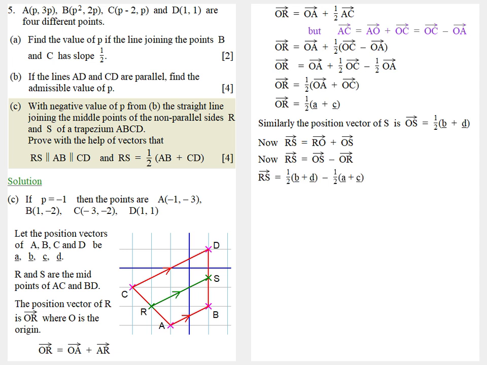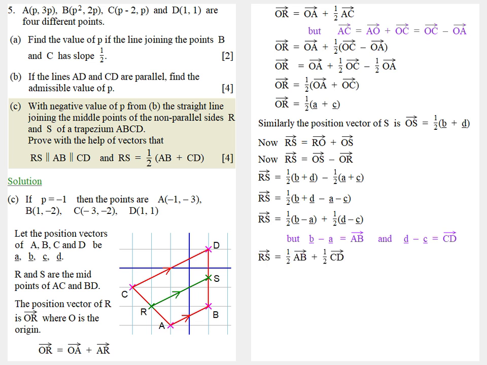So RS is a half (b plus d) minus a half (a plus c). Putting that into a common bracket, RS is equal to a half (b plus d minus a minus c). Or we can divide that up as RS equals a half into (b minus a) plus a half into (d minus c). But b minus a is AB and d minus c is CD, so RS is equal to a half AB plus a half CD.